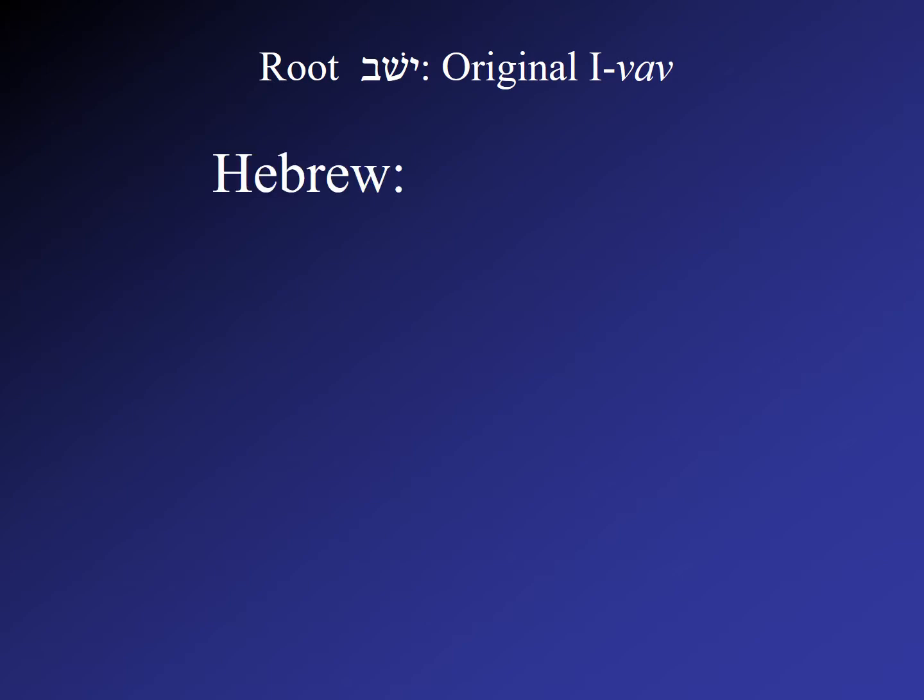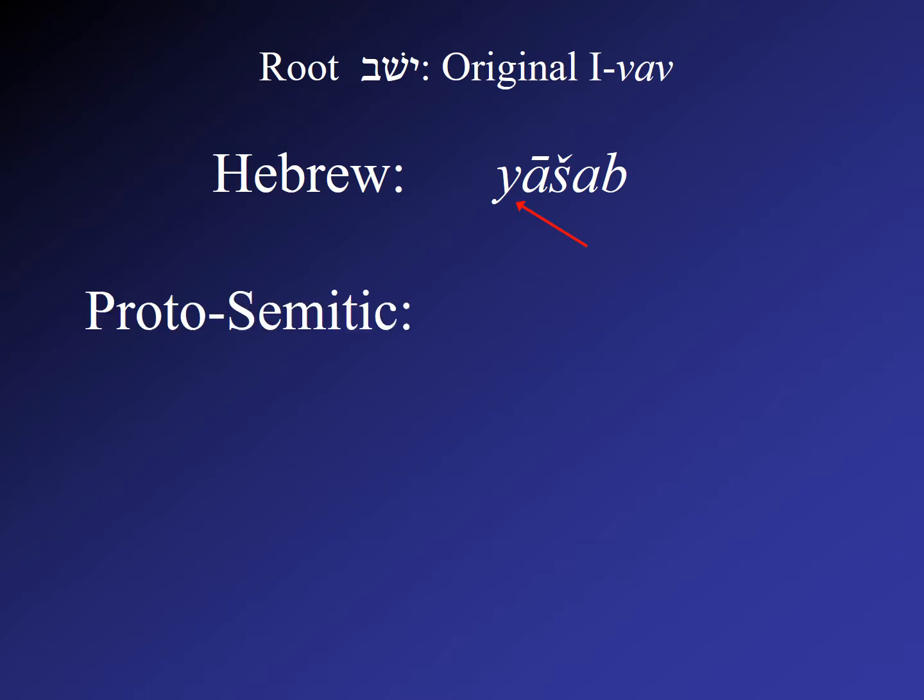When we say first vav, what we mean is, in Hebrew, we have yashav with a yod. But in Proto-Semitic, that yod would have been a vav, or probably a waw. So instead of yashav, in Proto-Semitic, washav.